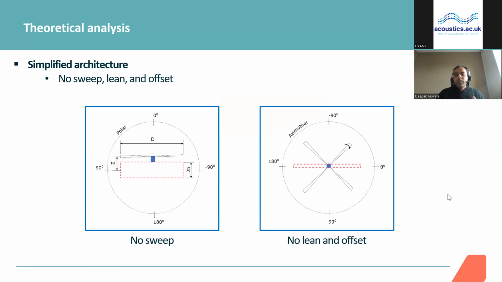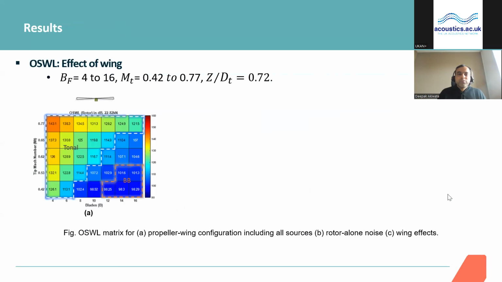That means the wing can be modeled as a rectangular flat plate behind a propeller, and we don't have a lean or offset. That means the axis of rotation of the propeller exactly passes through the wing. That is, there is no offset between the wing and the propeller. So this makes our life easy, and we can easily use the theory of counter-rotating propellers.